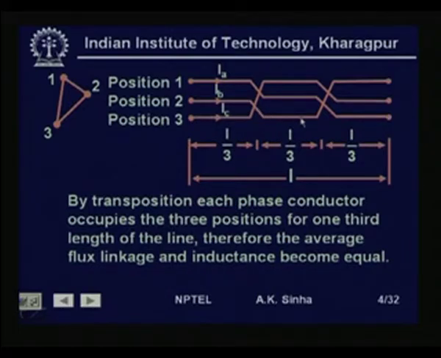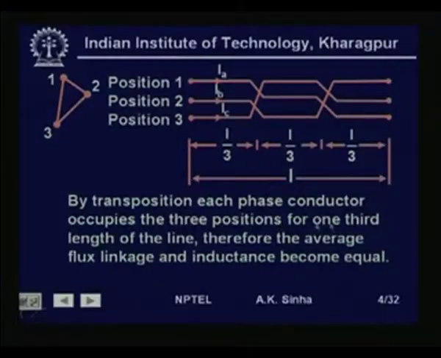For the next 1/3 length it is in position 3, and for the last 1/3 length of the line it is in position 1. In this way, each phase conductor occupies all the 3 positions, which results in average flux linkages being equal. So, we say that by transposition each phase conductor occupies the 3 positions for 1/3 length of the line. Therefore, the average flux linkage and inductance become equal.